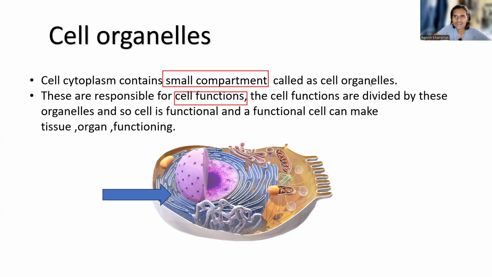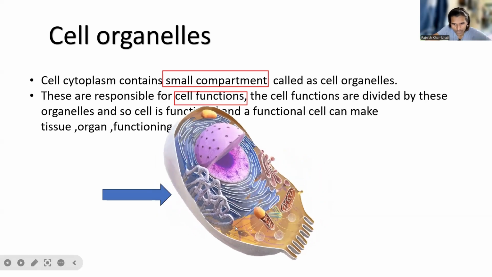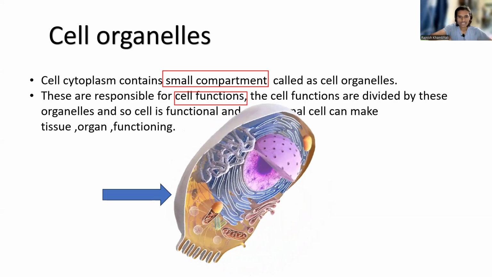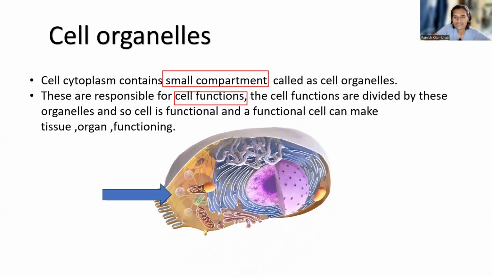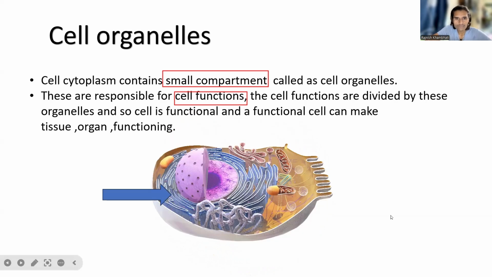I hope that in a short way this is clear for you. In this you can also see the cell cytoplasm and these are the cell organelles, different cell organelles in different ways. Let's move.